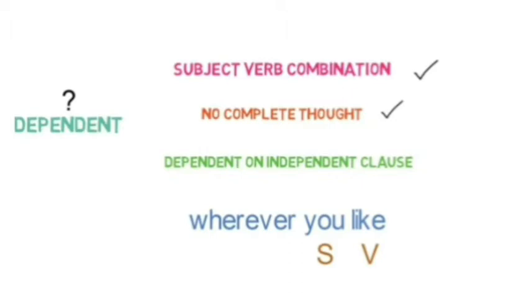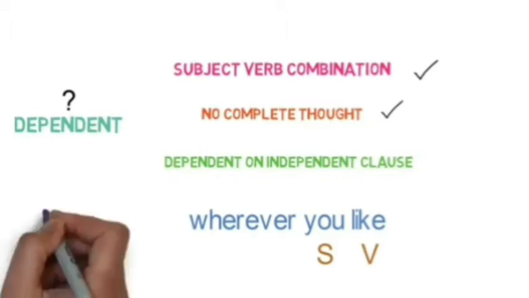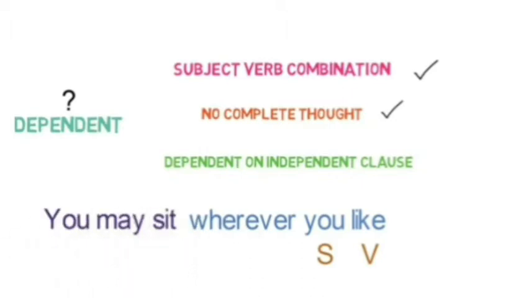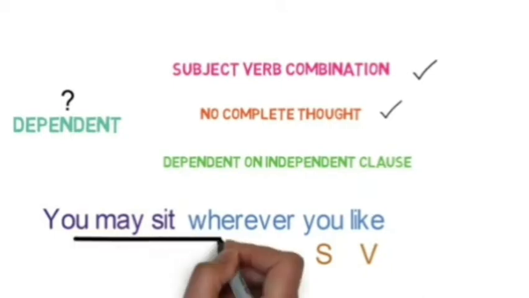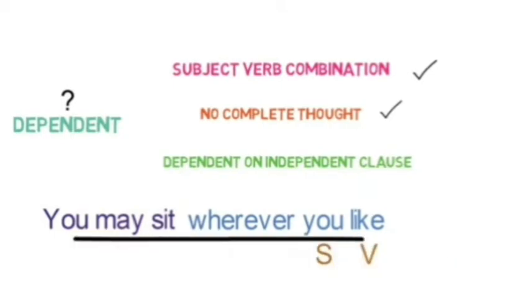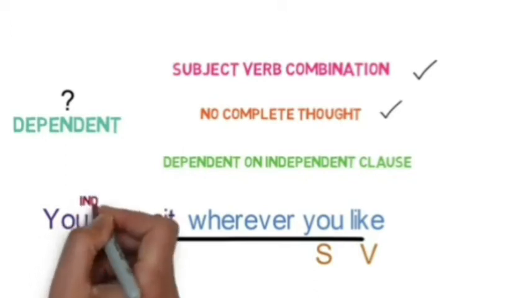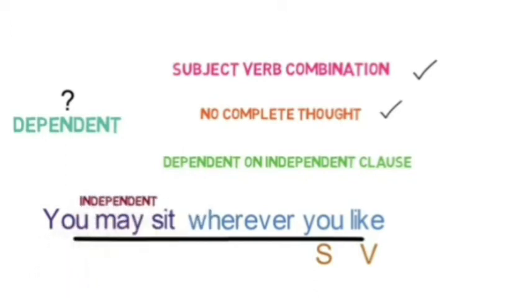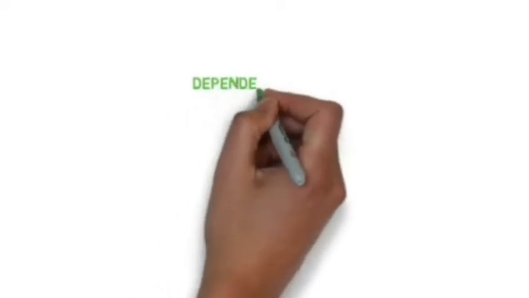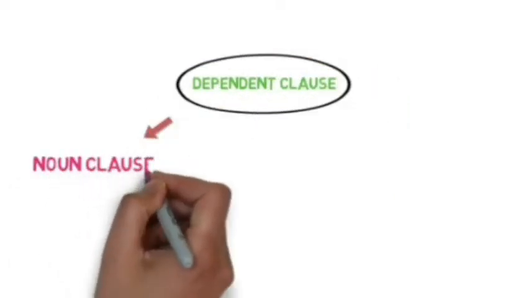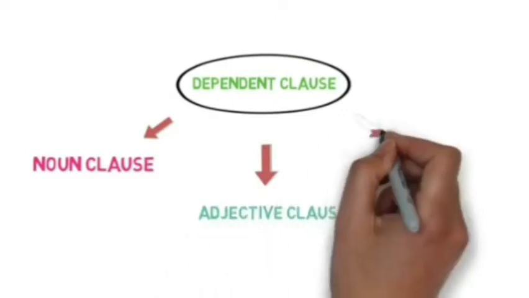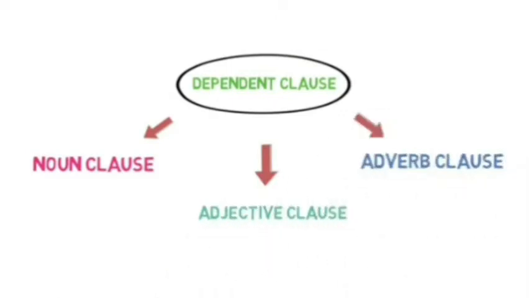Now let's add a main clause to this clause. You may sit, and now the whole sentence becomes you may sit wherever you like. Now here the entire thought is complete with one main or independent clause and one dependent clause. This is all about dependent clause. Now dependent clause are mainly divided into three types: noun clause, adjective clause, and adverb clause.